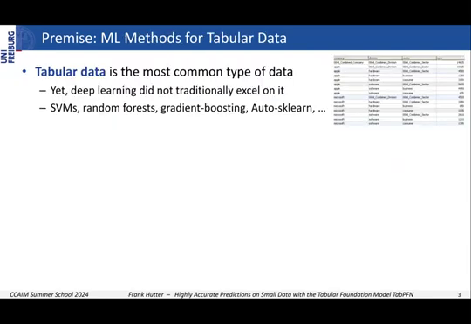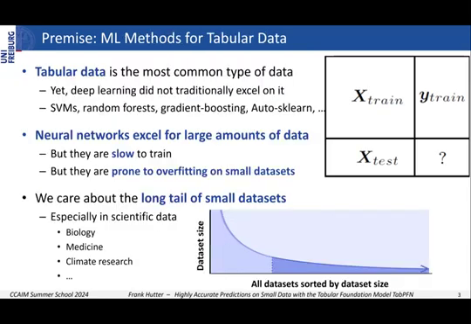Yet the machine learning methods for it are not what you might expect from what works well for other types of data. Neural networks in particular have led to huge breakthroughs for unstructured data, where you have text, images, etc. But for structured tabular data, the historical methods were linear models or SVMs, maybe random forests.